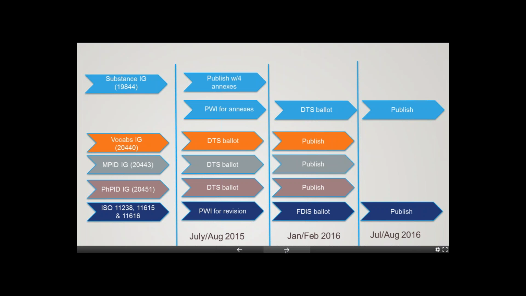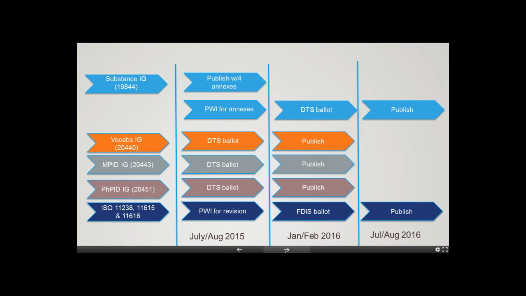The vocabularies, they are quite okay, so they are now being published. They have been approved basically at the latest ISO meeting at Bern. With the medicinal product identifier and the pharmaceutical product identifier, lots of comments have been received, mostly requests for further examples in the guidelines, which have to be handled, and the hope is that for our next meeting, which will be in Amsterdam in August, this will be ready then.